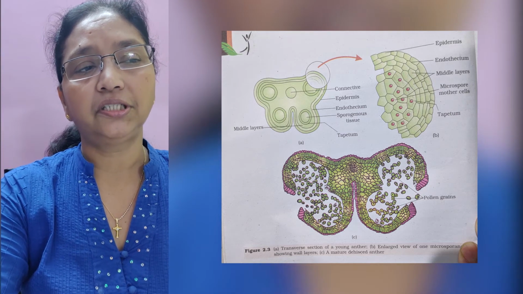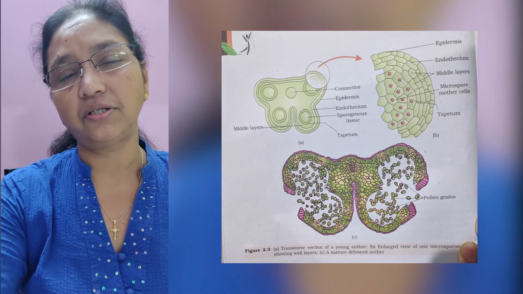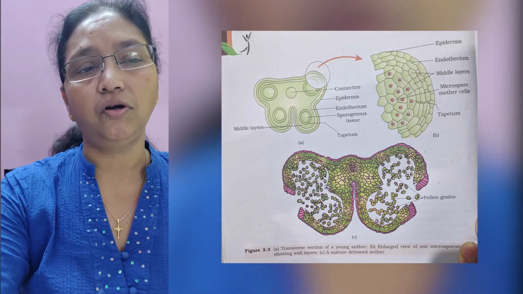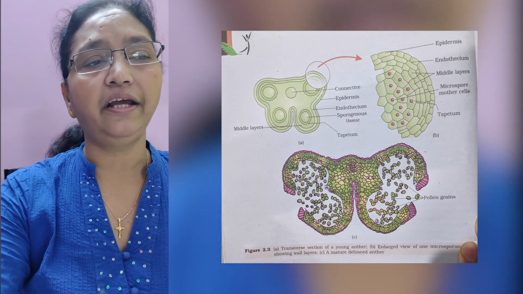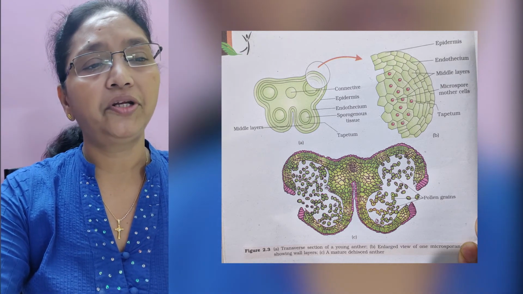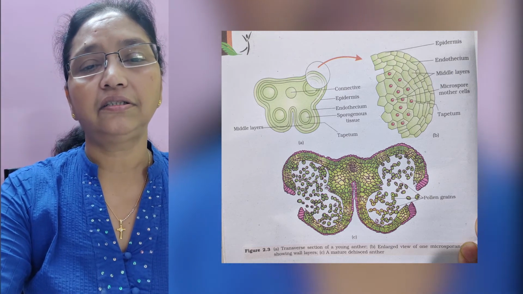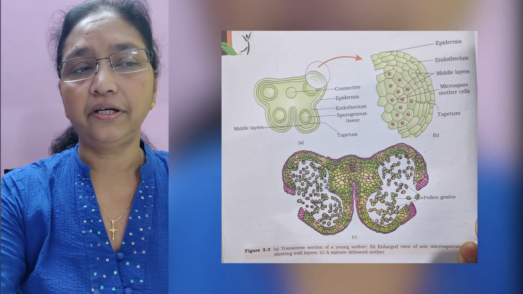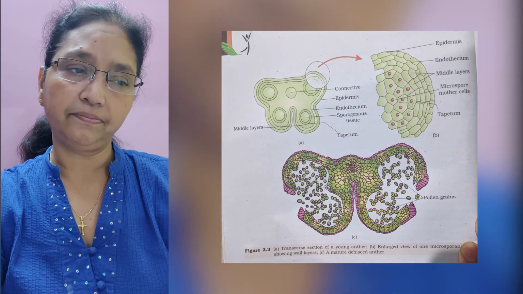Microsporangium appears near circular in outline, which is surrounded by 4 wall layers: the epidermis, endothecium, middle layer, and the tapetum.